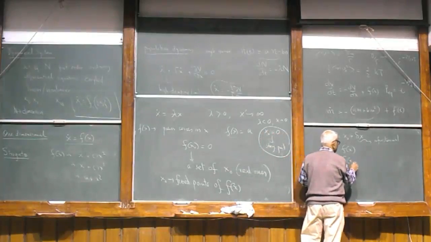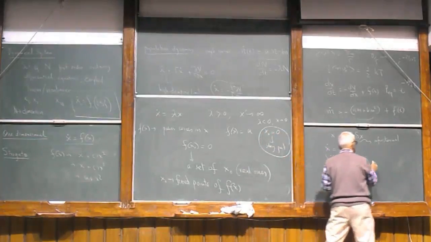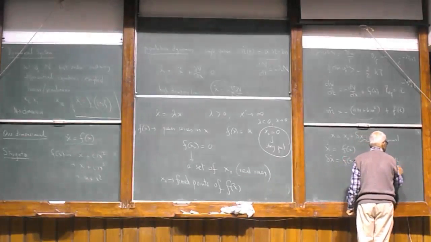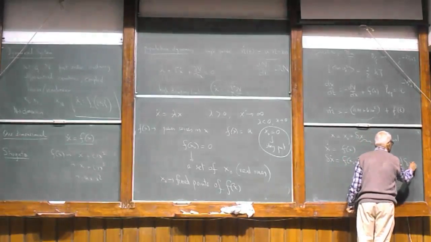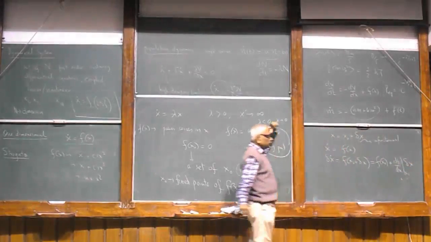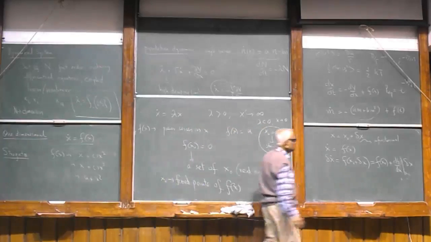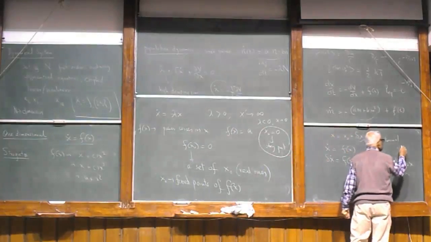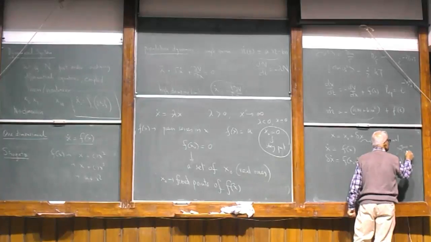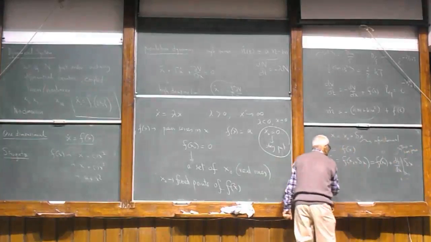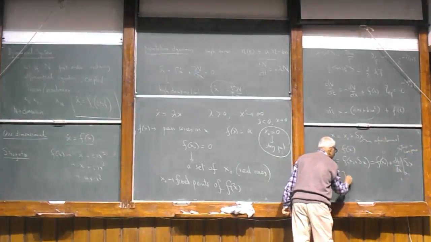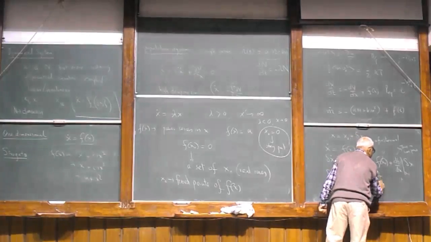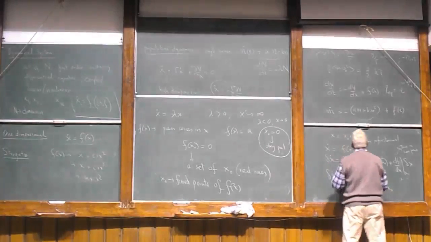On this side is f of x0 plus delta x, and I can Taylor expand this as df dx. f of x0 is 0, so this is gone, and if I assume that this is non-zero, then delta x dot is equal to lambda delta x, where lambda is equal to df dx at x naught.